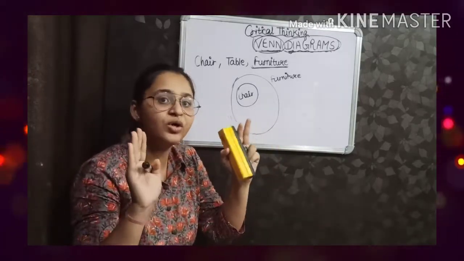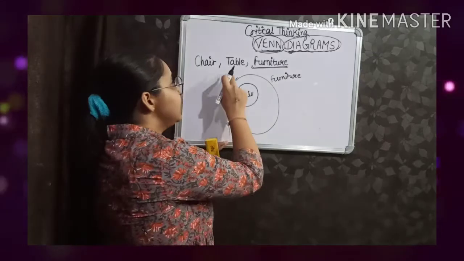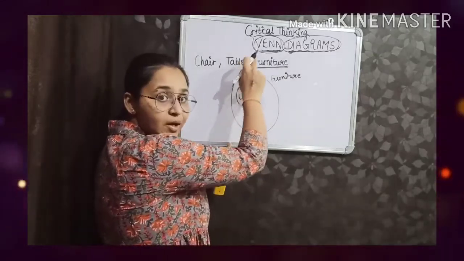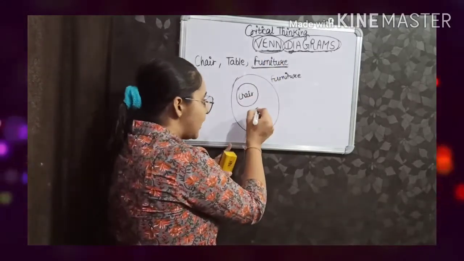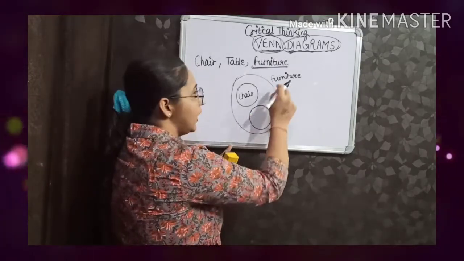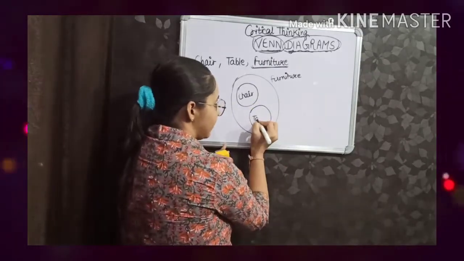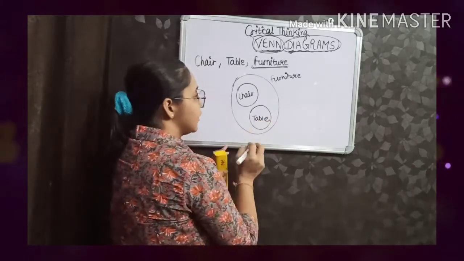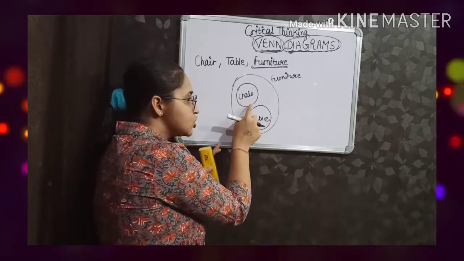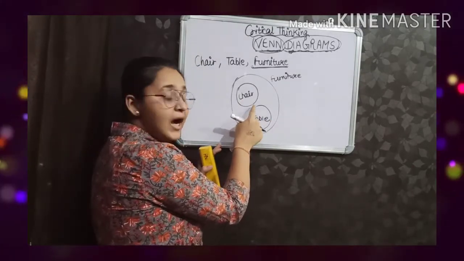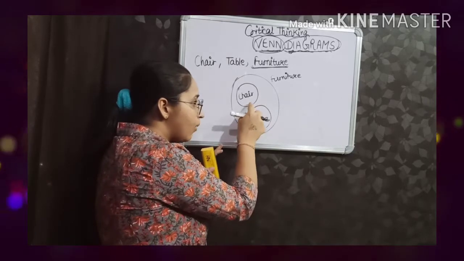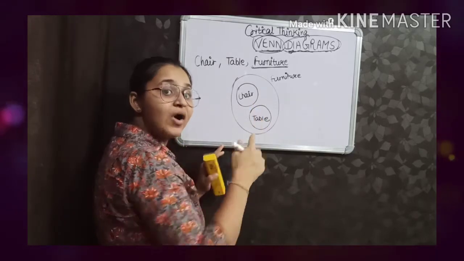So these are two different collections, but see, table also comes under furniture. So I will draw the circle for table under furniture here. I will write here table. But see, I have drawn these two circles separately. I have not taken any common part between these two. Why?